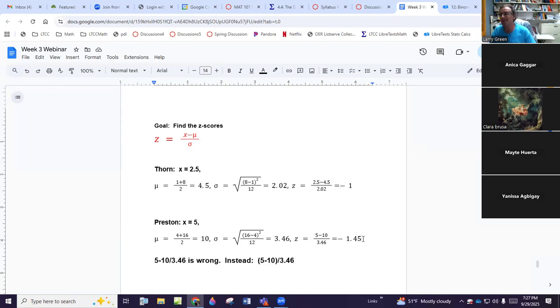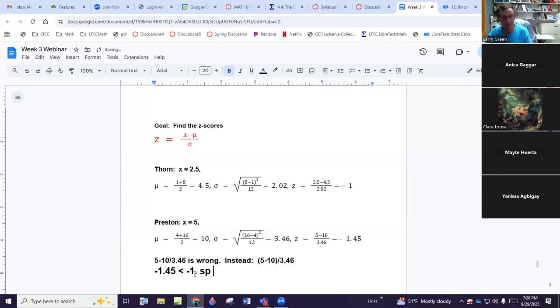Okay, Preston's number is smaller, negative 1.45. Let's write this down. Negative 1.45 is less than negative 1. Okay, it's very important to know that. It's farther from 0 on the left.